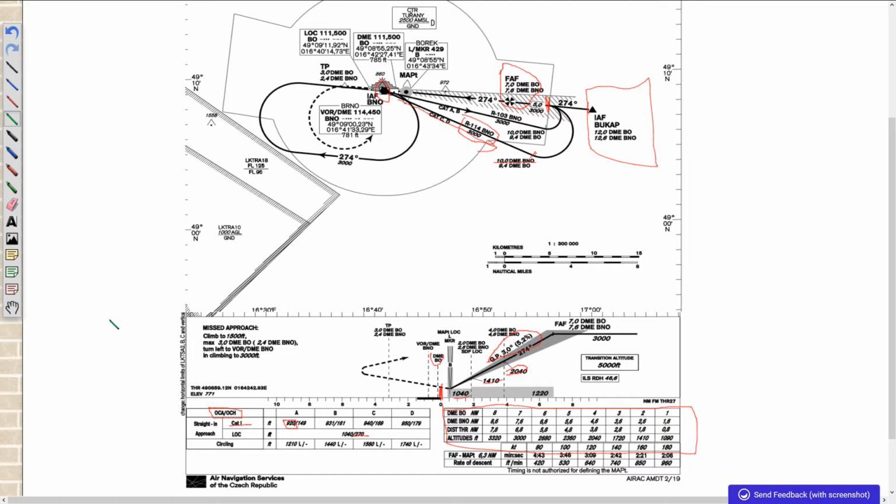The minimum obstacle clearance height for this approach is here for the categories. Okay. And the last part of this chart is the missed approach procedure, which is written here.